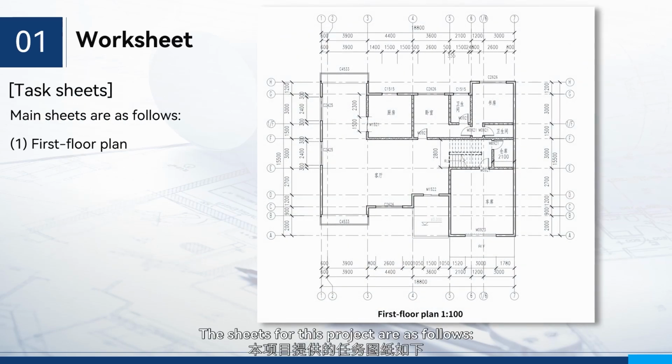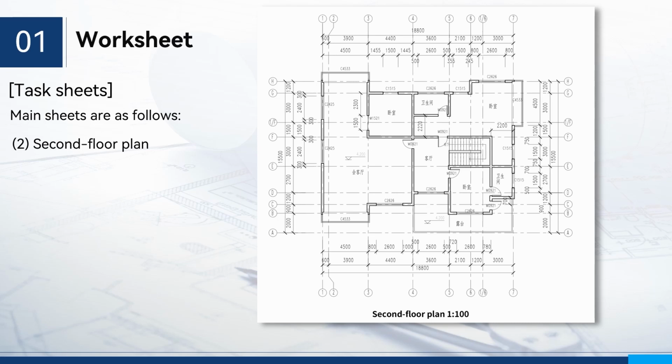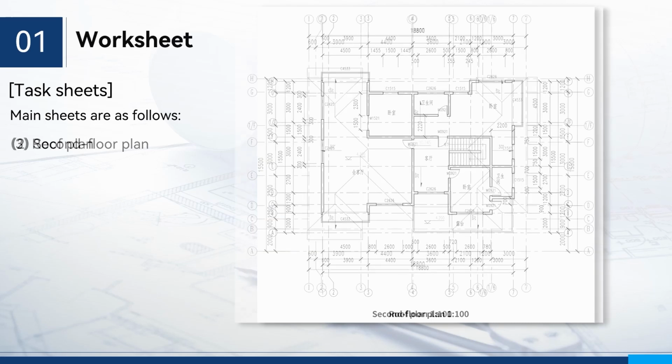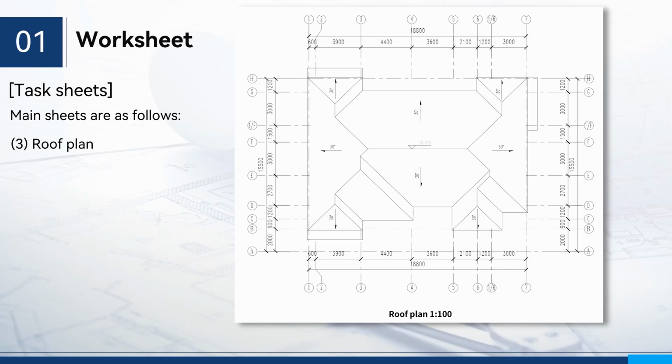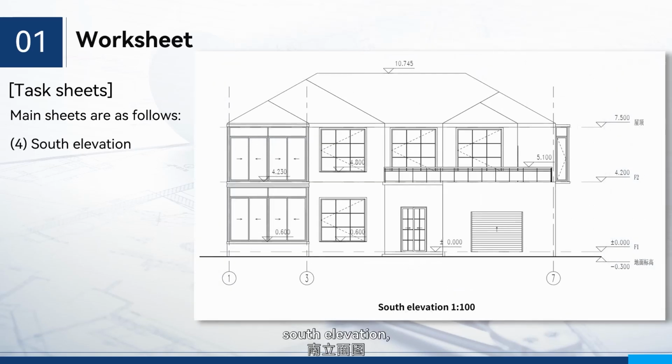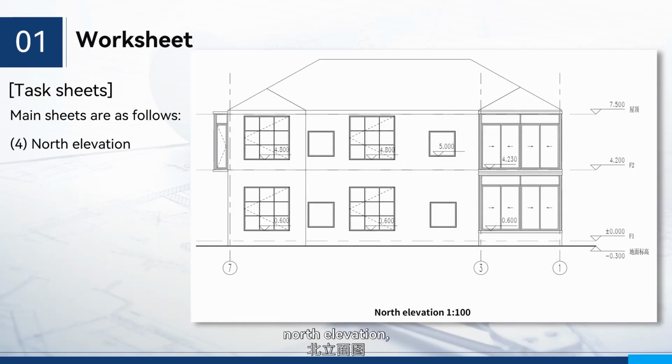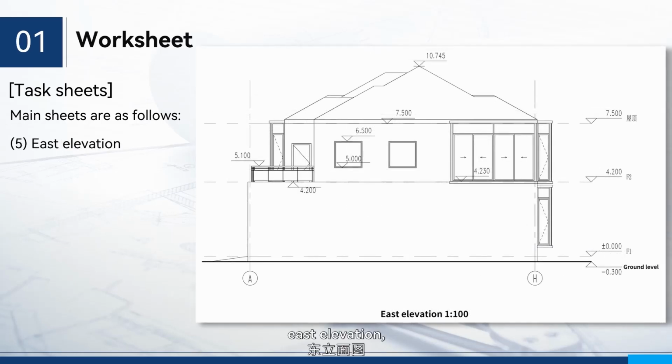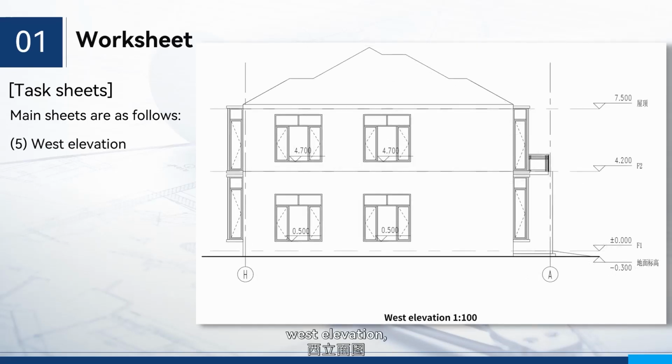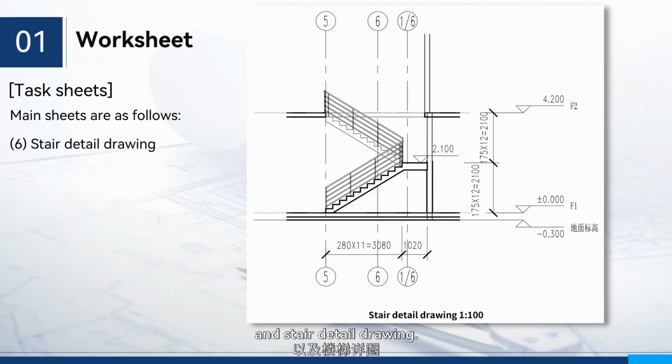The sheets for this project are as follows: first floor plan, second floor plan, roof plan, south elevation, north elevation, east elevation, west elevation, and stair detail drawing.